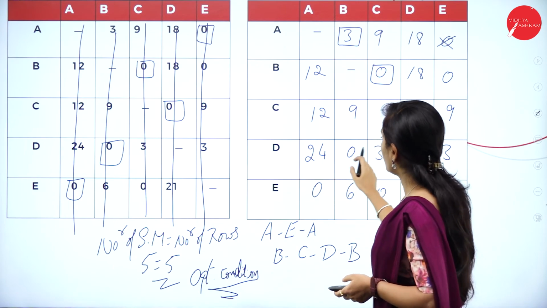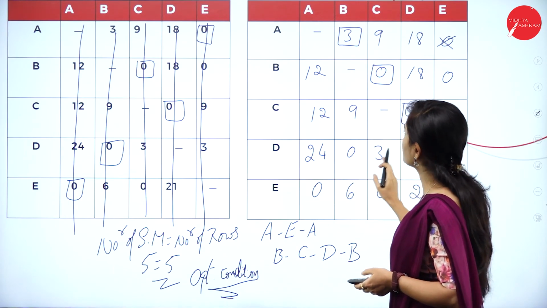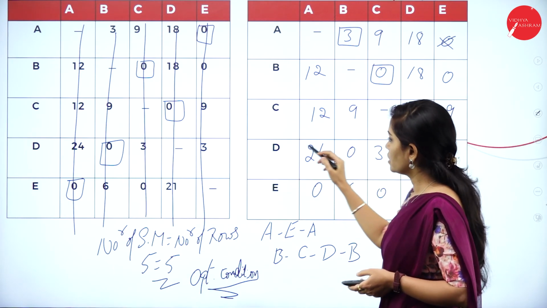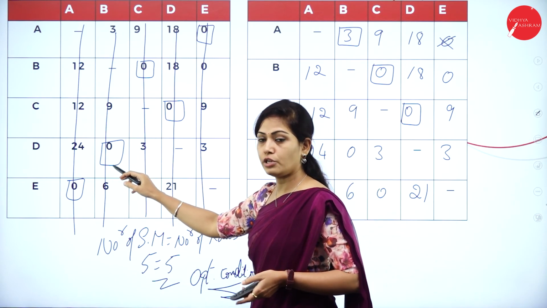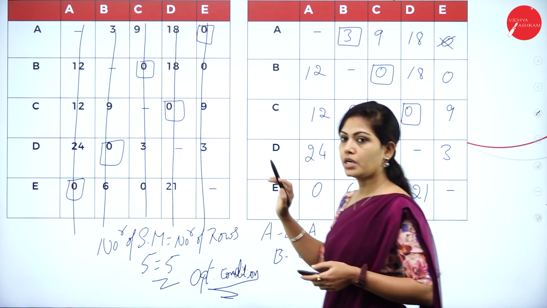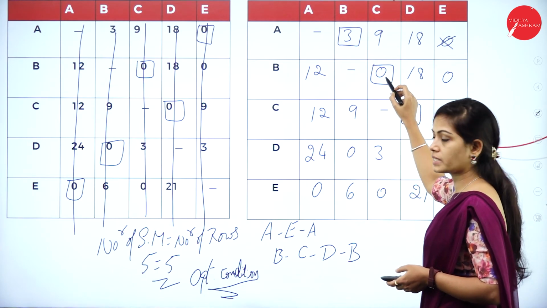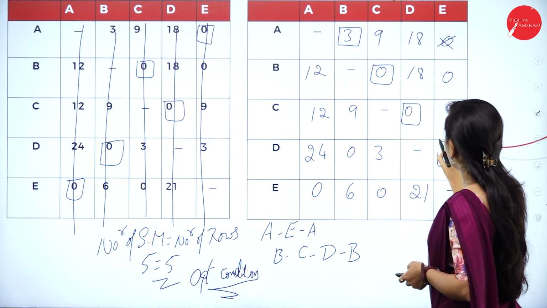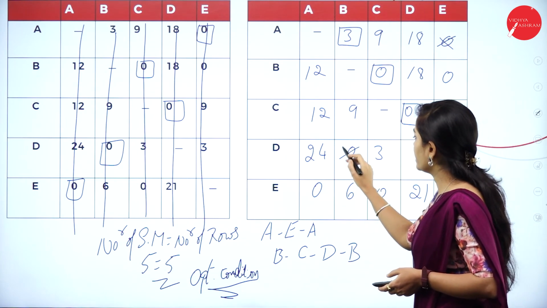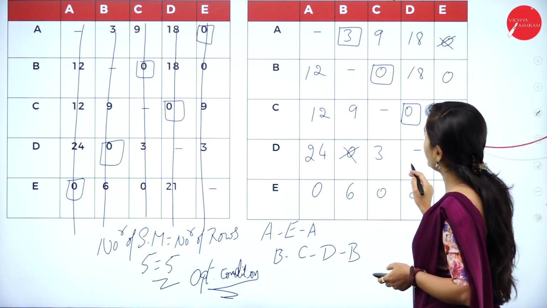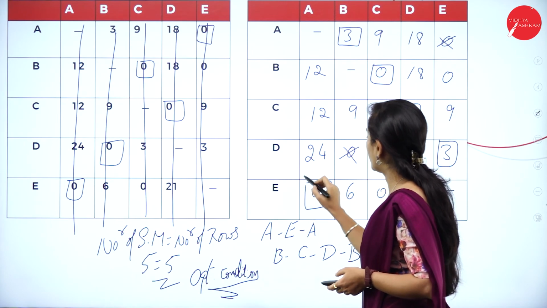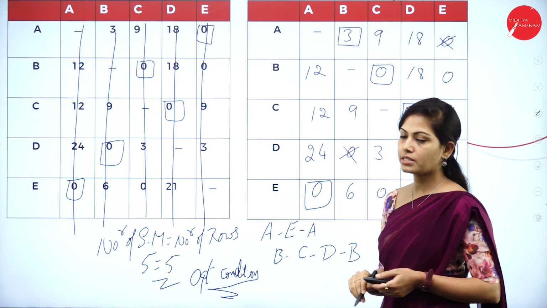So now I will select the next least value. 0 is the least value, and the next least value is 3. But I can't assign this 3, as we already have one more assignment here. So now I will assign this 3 and I can cancel this 0. And in the last row, I will assign this 0 as an assignment.